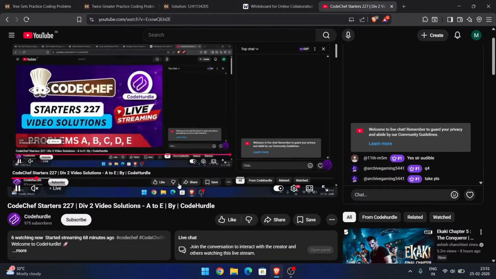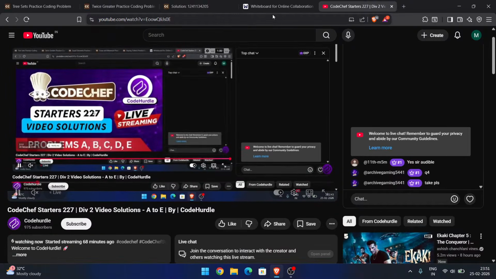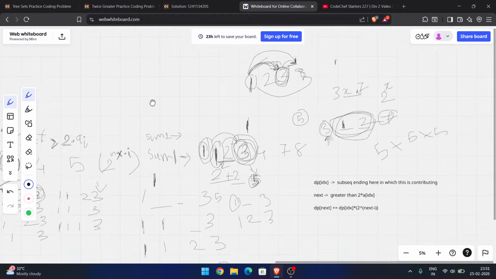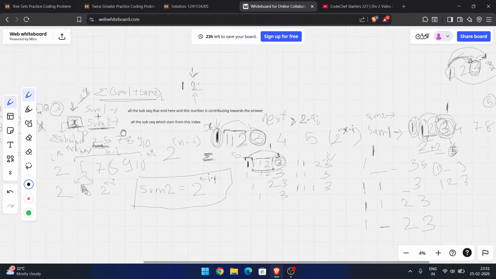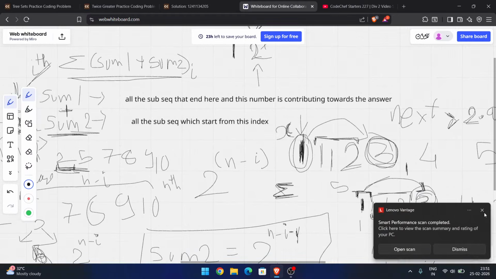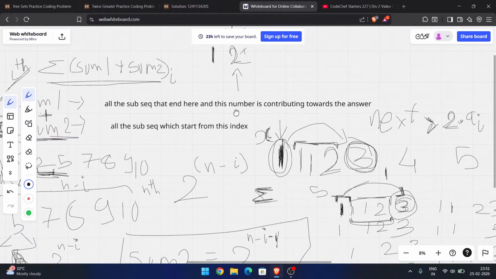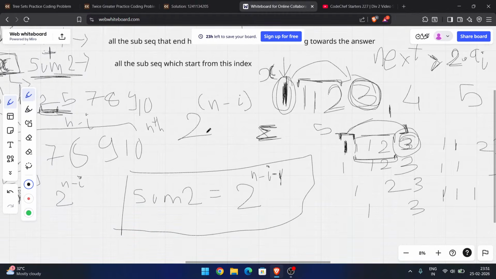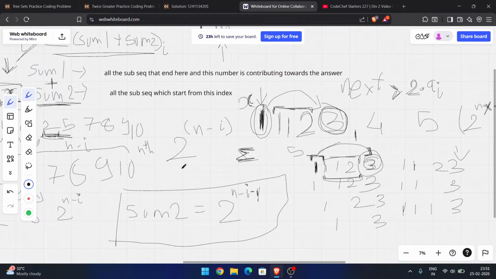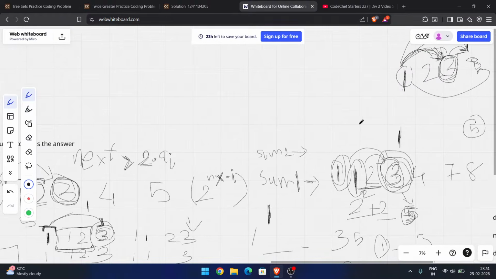So is this clear, everyone? What we did: sum 2 shows all the subsequences that end here and in which this number is contributing towards the answer. Sum 2 shows all the subsequences which start from this index, and all the subsequences which start from this index is easy, 2 to the power n minus 1.